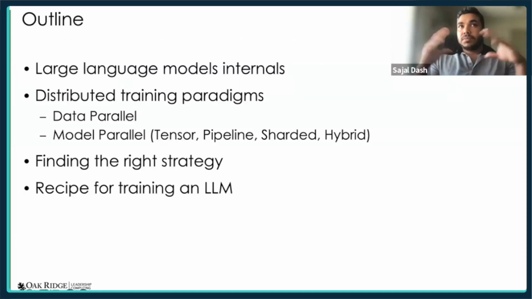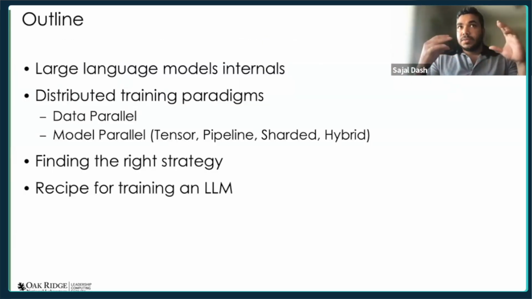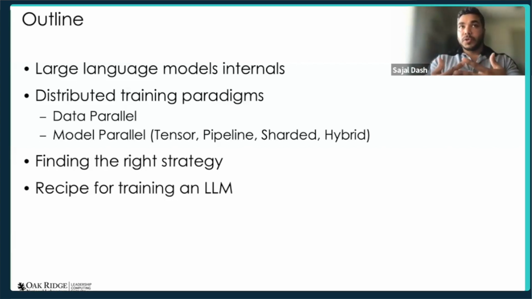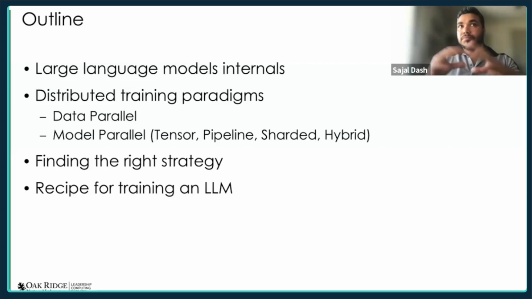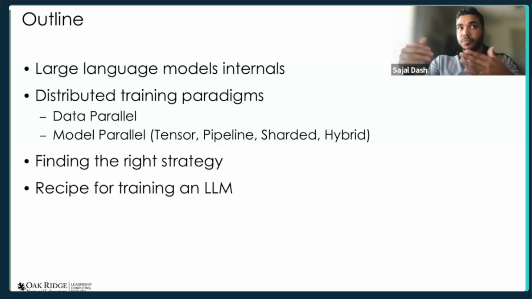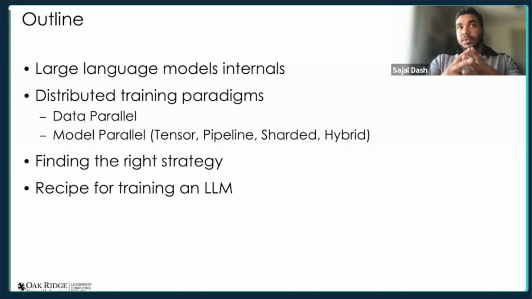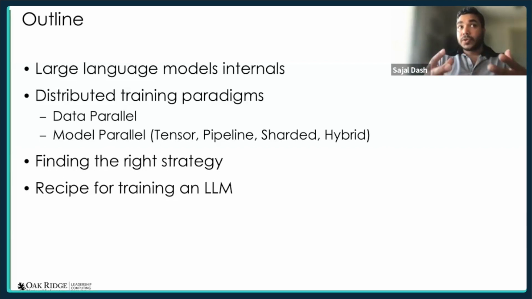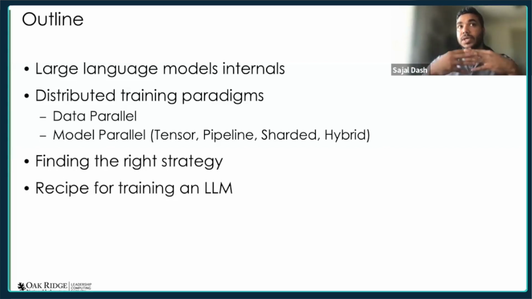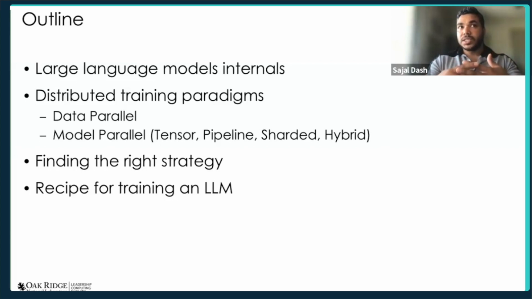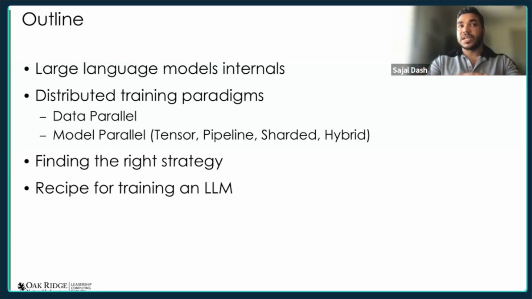I thought about an outline: initially I give a brief overview of large language model internals that's necessary for understanding the challenges of training them. That's based on distributed training paradigms such as data parallel and a few model parallel techniques. Then the pivotal part of my talk is the search for the right strategy to train the large language model on our system so that we get decent enough throughput and scaling efficiencies.